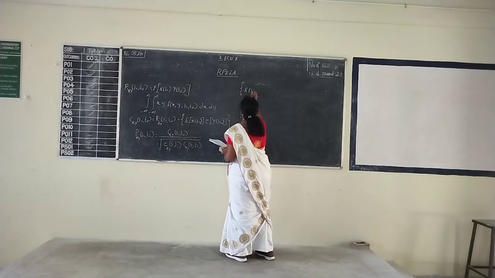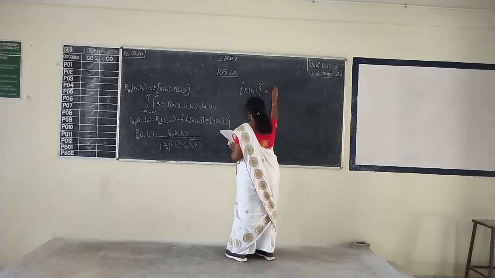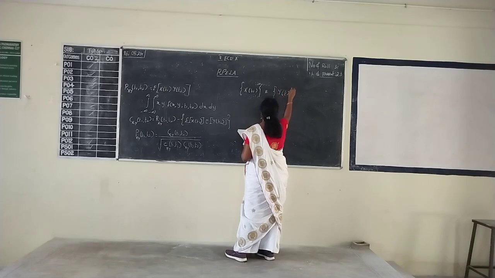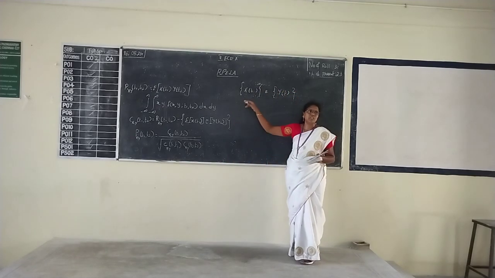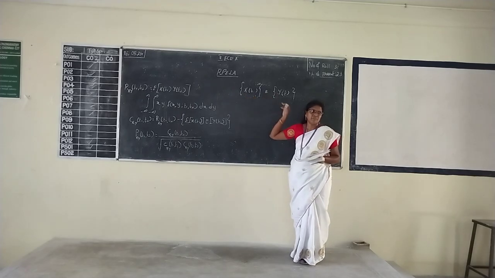X of t and Y of t. Whenever you see a random process, you have to write it in sequence.